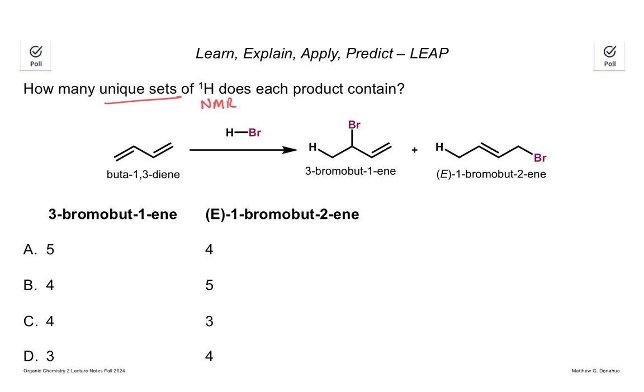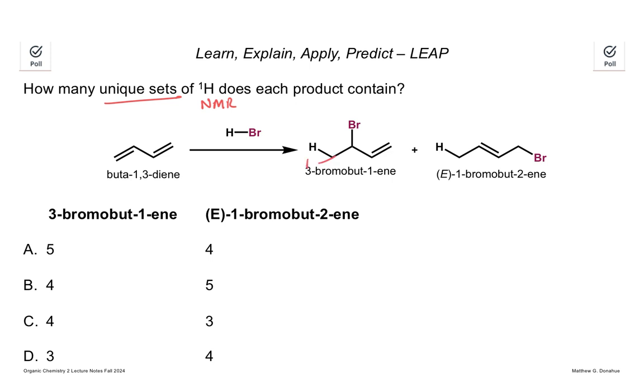I've highlighted the H in both products. Keep in mind that that's a CH3 group, that's a CH3 group, so don't count those separately. It's asking for each one, how many unique proton sets should there be? I'll draw in the H's and then we can count them.